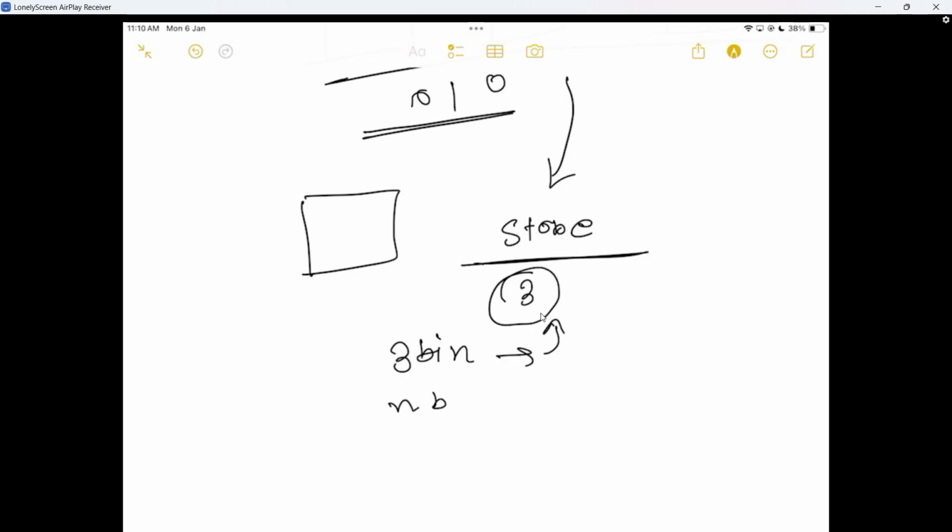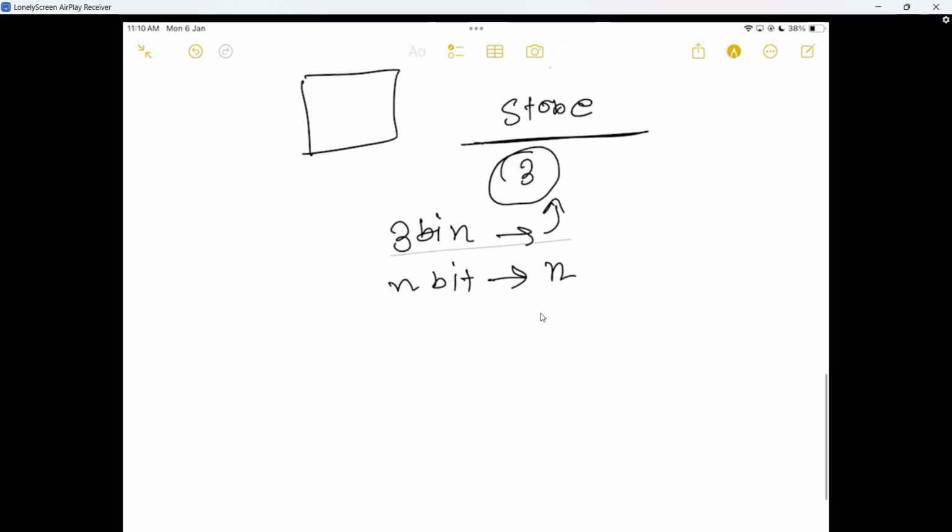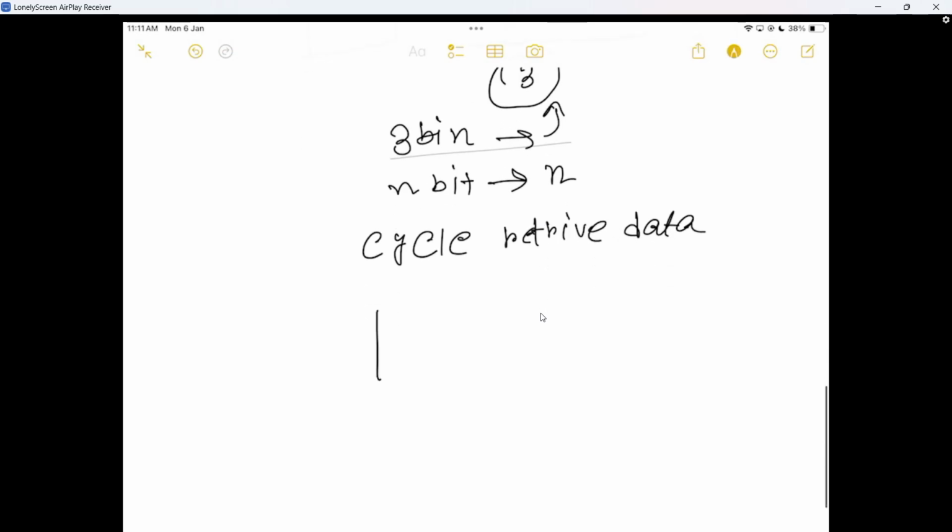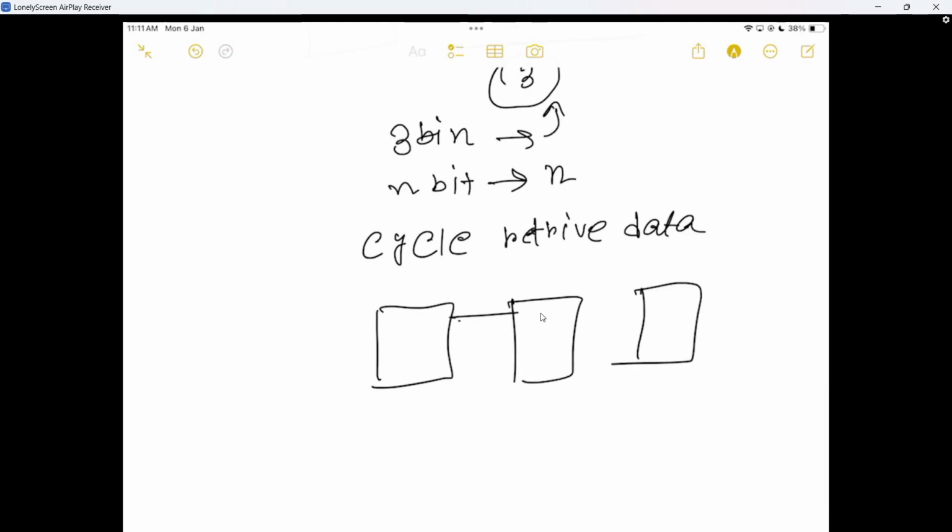If it was n bit, then n clock cycles are required. And what about the cycles required to retrieve the data? It's already in these 3 blocks: 0, 1 and 0. If we connect the output from here, we already get 0.